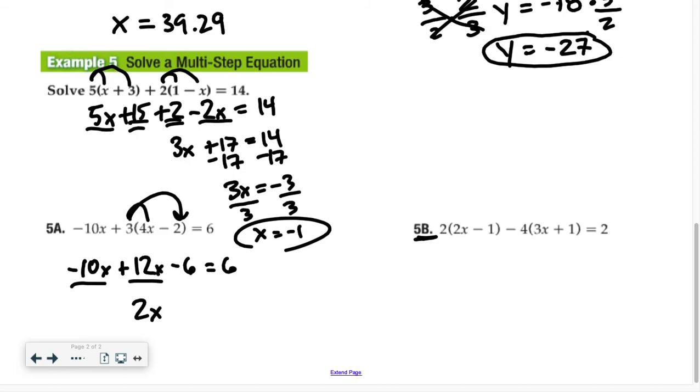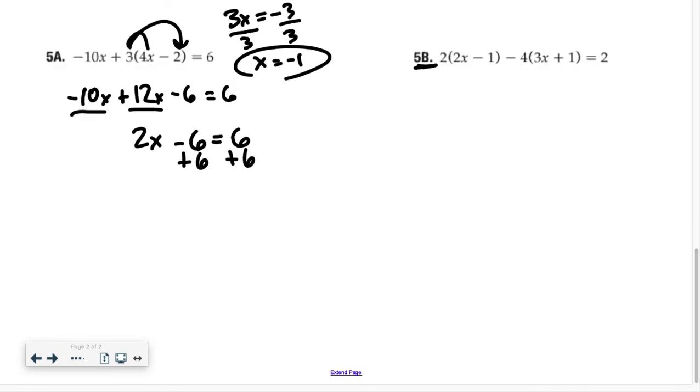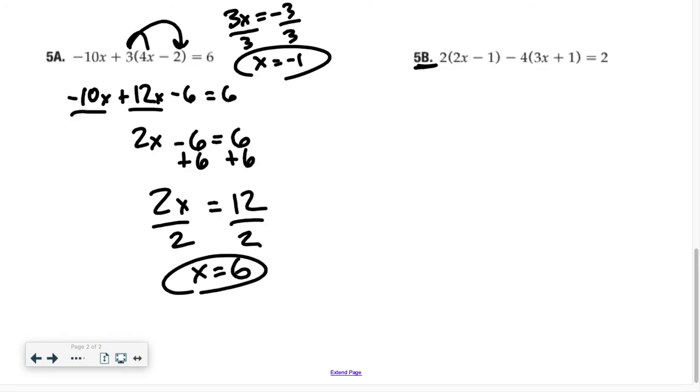Negative 10 plus 12 is 2x. Minus 6 equals 6. Add 6. 2x equals 12. 4x equals 6. Okay? 5b, like I said, just two distribution properties.